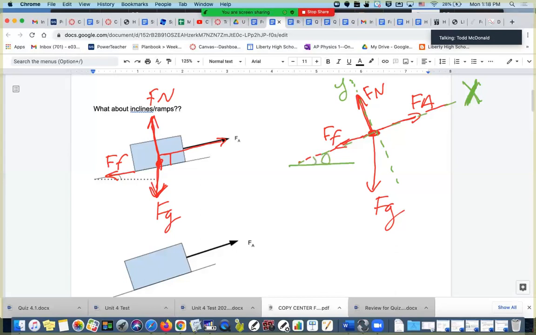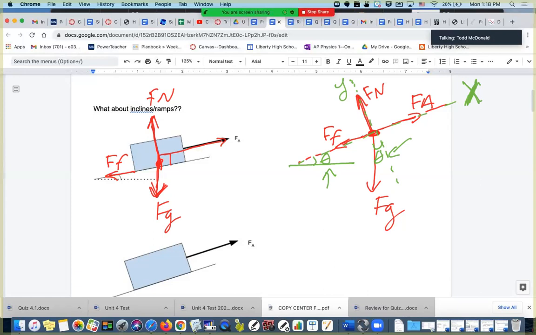This theta angle right here, our angle of incline, is exactly the same angle as between our new y-axis and our straight down line of the force of gravity. So the amount that the incline tilts is equal to the amount that our new y-axis is tilted. That is probably the biggest and hardest concept to catch in this process.